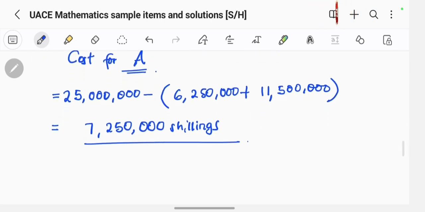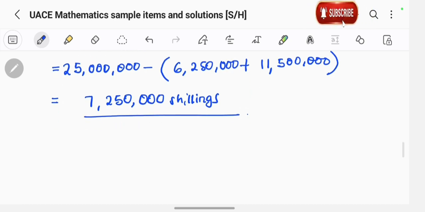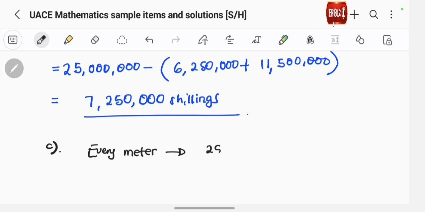Then we move on to the other question. If the cost per meter drilled was 250 shillings for all boreholes, determine the depth of borehole A. So every meter requires 250 shillings to be drilled.